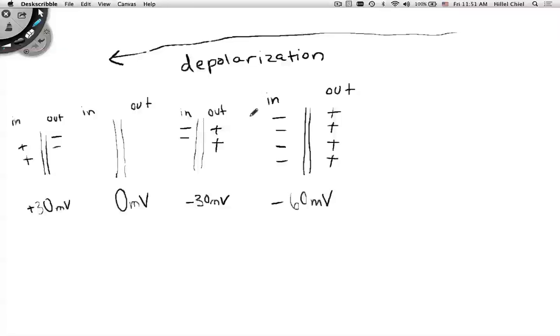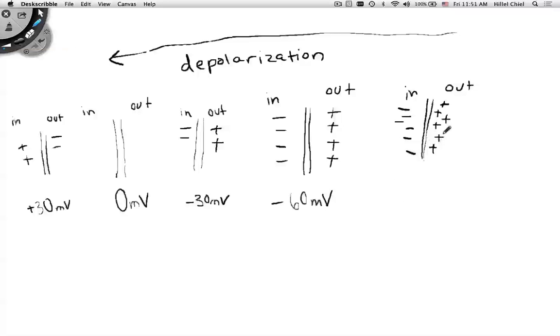And so, now we can go in the other way, right? Yep. So hyperpolarization would be adding negative charge. Right? So let's go from 3, 4, 5, 6. So we're going to add these negative charges.